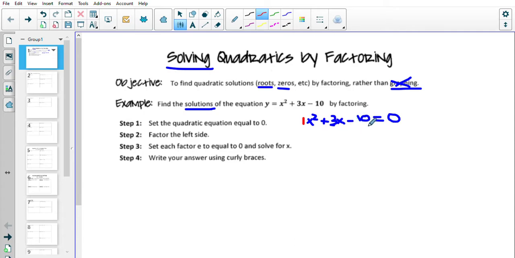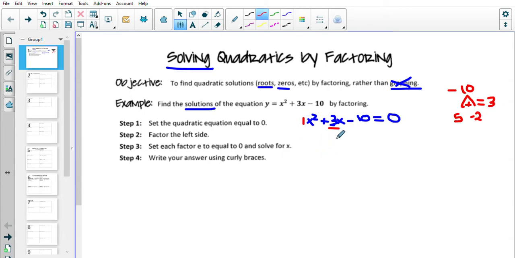So again, basic trinomial: what 2 terms multiply to negative 10, but are going to add to give us the positive 3? Negative 10, we can do that by a positive 5 and a negative 2. And then 5 plus negative 2 gives us the positive 3 that we need.